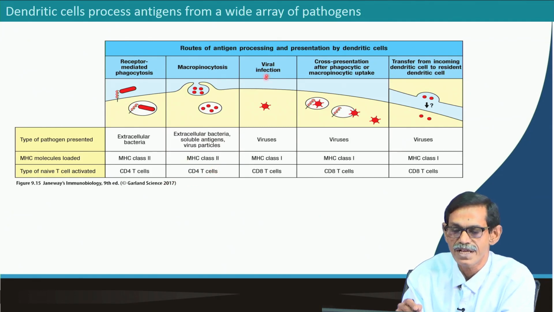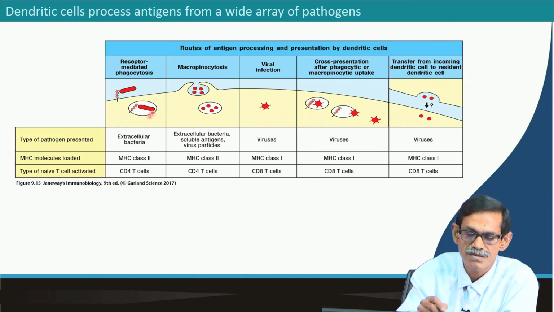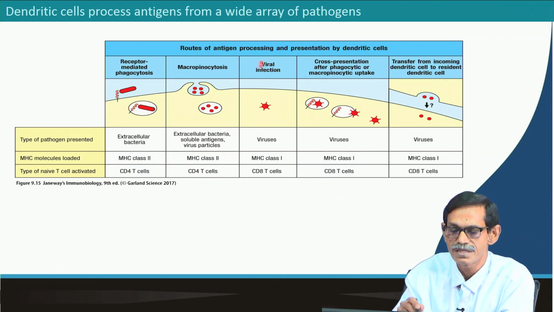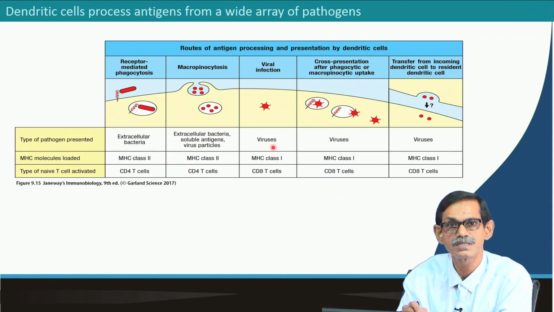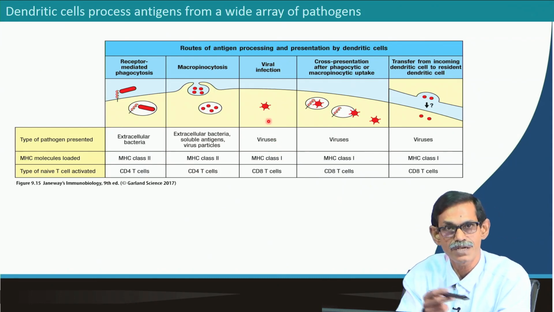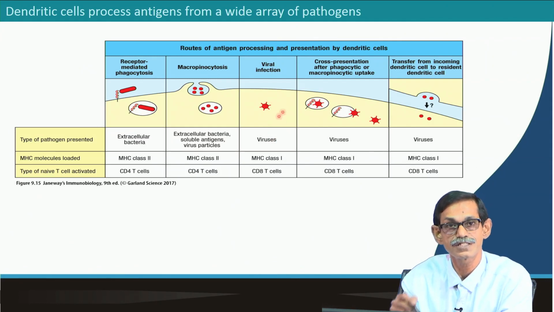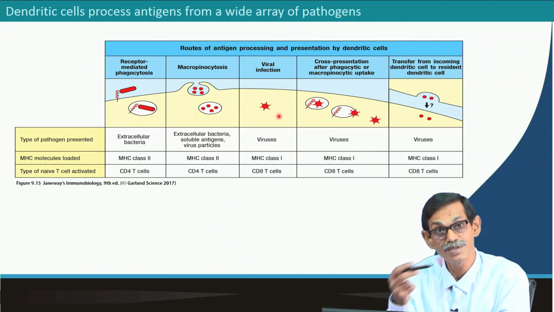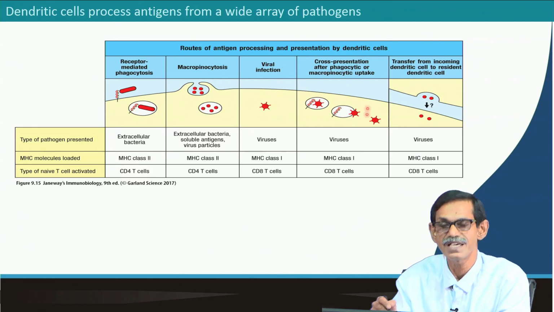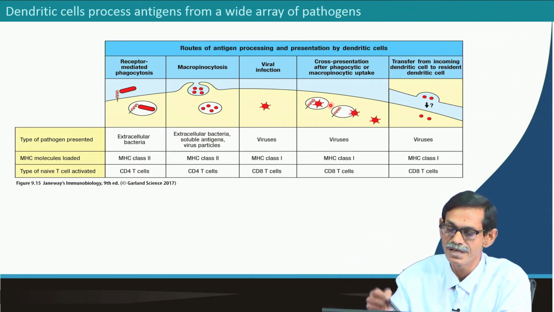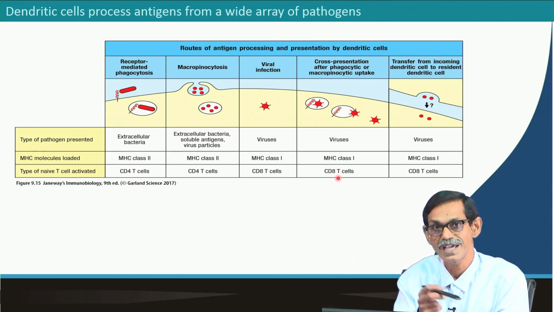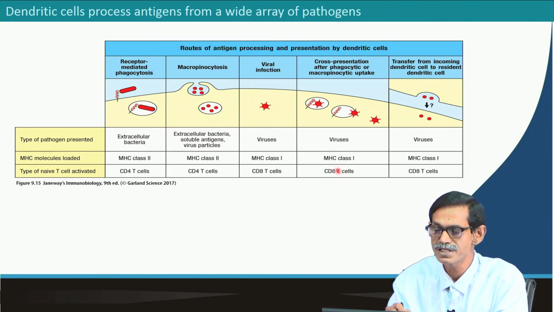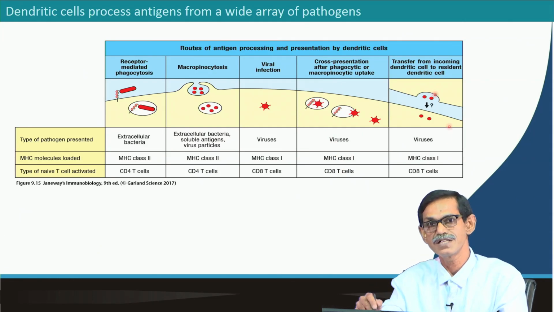They can handle extracellular bacteria, antigen, toxin, they can handle bacteria by receptors like TLR, they can handle viral infection, right. That we already know, because dendritic cells normally get virus infected, and if they do not get virus infected, then they eat the virus infected cell and then cross present, that we also discussed during antigen presentation. Okay. So, cross presentation and transfer of incoming antigen, that we also said.